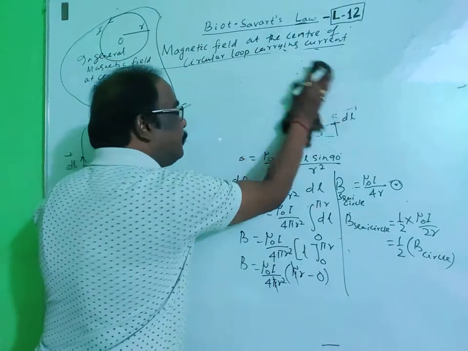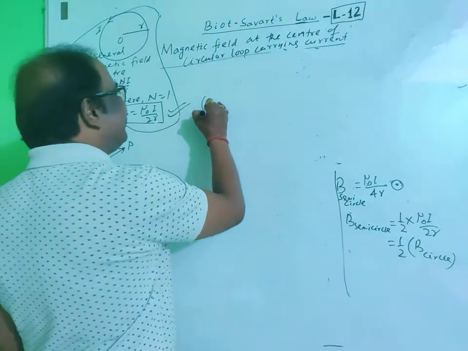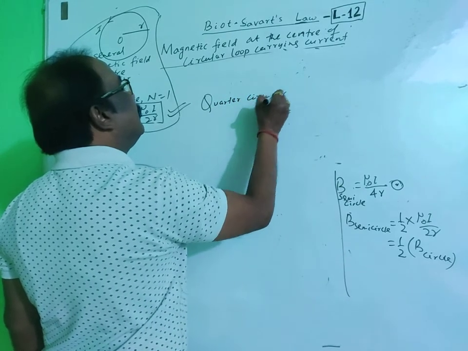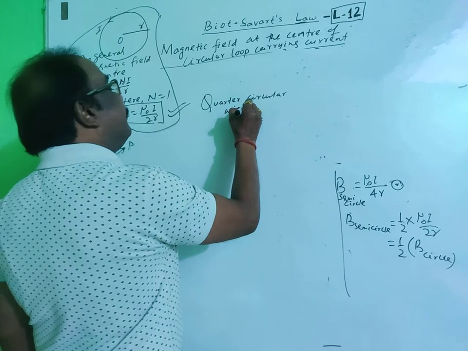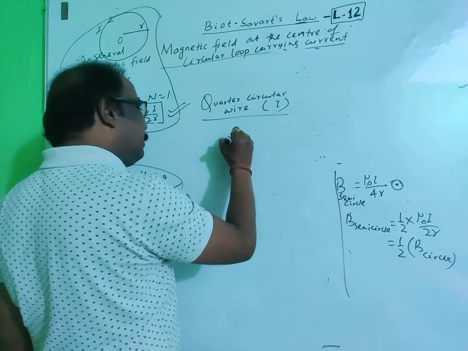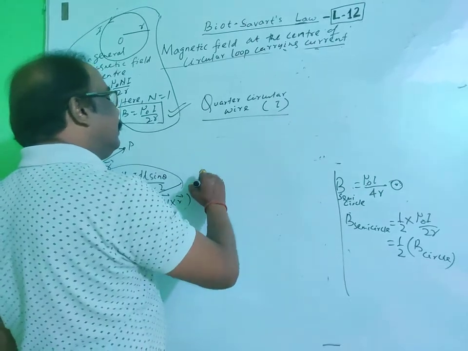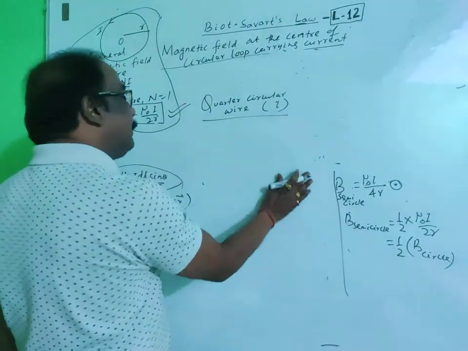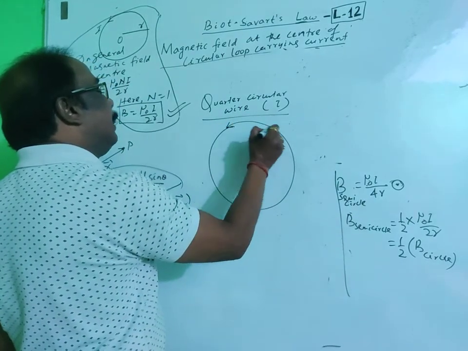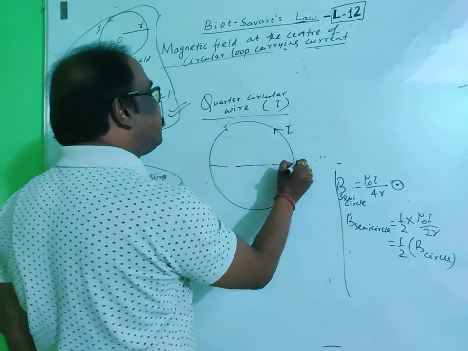Similarly, suppose I consider a quarter circular wire carrying current I. This is a quarter circular conductor. This is a complete circle, suppose it carries current I. A quarter circle means 1/4 of the circle.